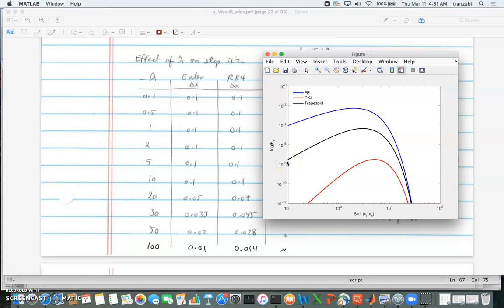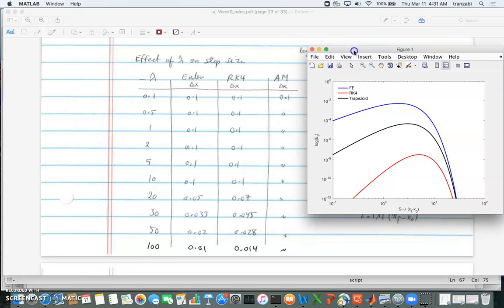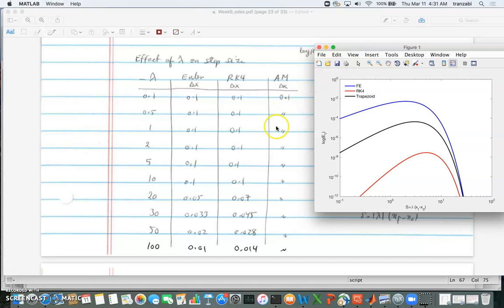However, for an Adams-Moulton method or trapezoidal method, we do not change delta x, and we still do see the same thing. So after somewhere around lambda equal 1, all of these methods are having almost the same accuracy. So in that case, RK4, which is a fourth order method, is not so much different than, let's say, a first order method like forward Euler.